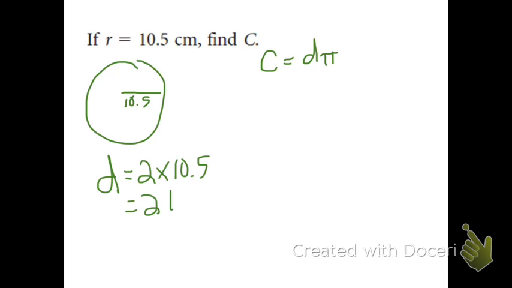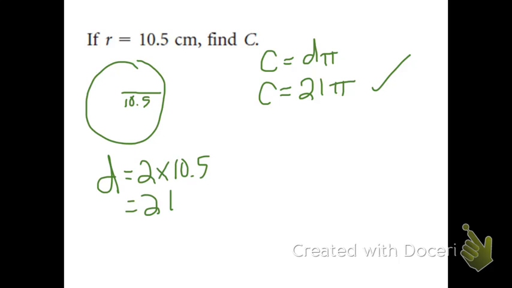Most students think that leaving something in terms of pi is more work, but it's really just not doing the times 3.14. You leave the pi there, and that's good because you get an exact answer, and also you can look at the circumference in terms of pi and figure out what the diameter of that circle is. So, if I were finding this circumference in terms of pi, my answer would just be 21 pi.